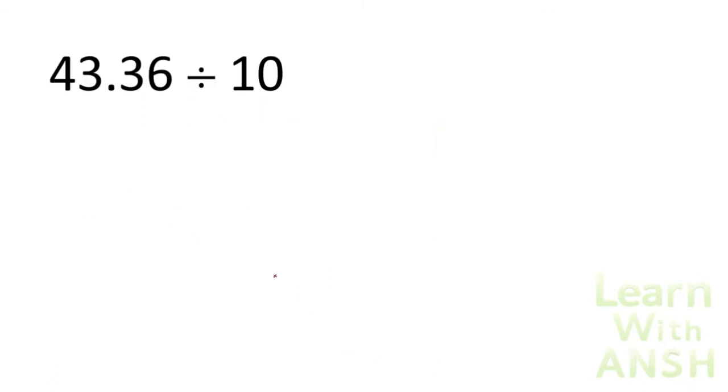So let's practice some problems to get better. Here we have 43.36 divided by 10. Last time we multiplied by 10, now we have divided by 10. So let's write 43.36, and for dividing by 10, as our mnemonic says, Mr. Deepak Lal, division left.